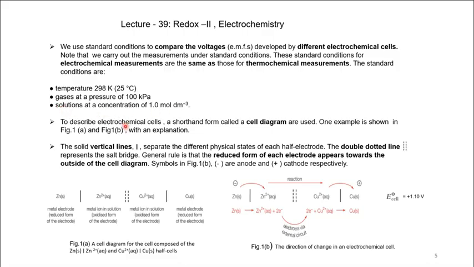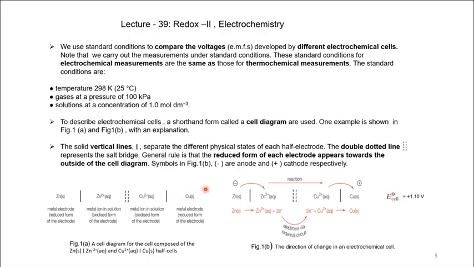Whenever we write an electrochemical cell, or show the voltage we got from electrochemical cells, we should have standard conditions for this. When we refer to it, we say this is the standard electrode potential. Here is the sign of the standard electrode potential of the cell. This is the symbol we use everywhere for showing the standard electrode potential.